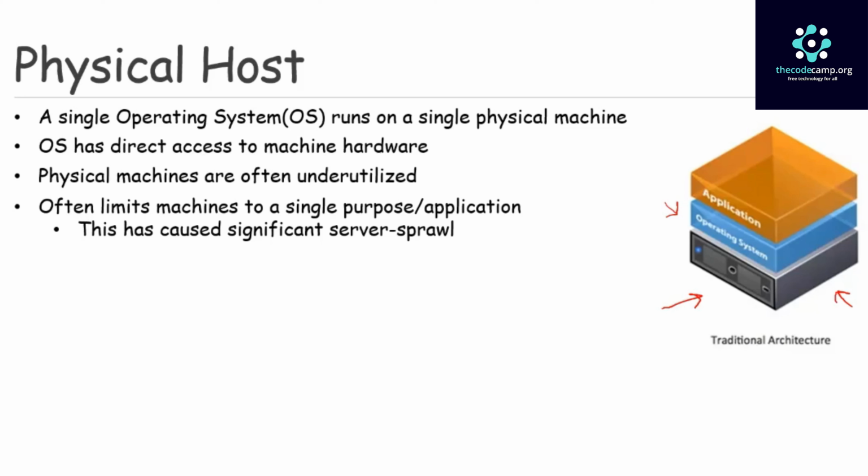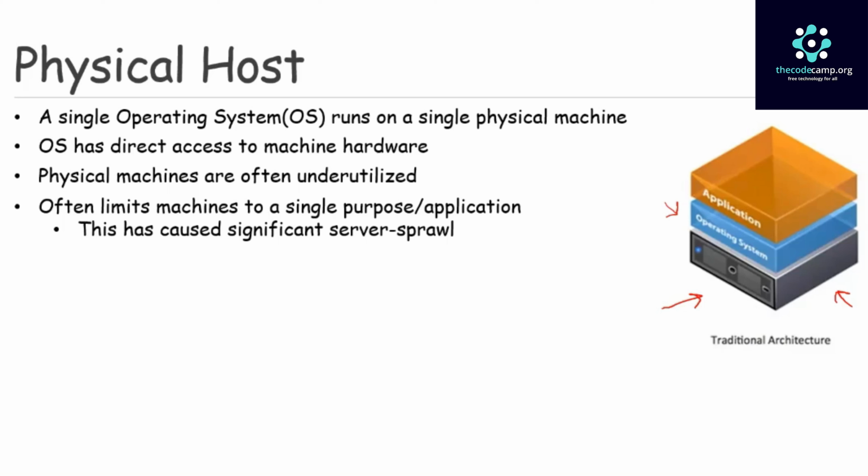This ends up giving you a lot of sprawl. In larger organizations, when you need many domain controllers and many DHCP servers, and you have separate machines for many different applications that your organization is running, and you can only ever have one application on each machine because you want to separate them out to limit the amount of conflict that they end up having with each other on the operating system, you end up with rows and rows of physical machines.